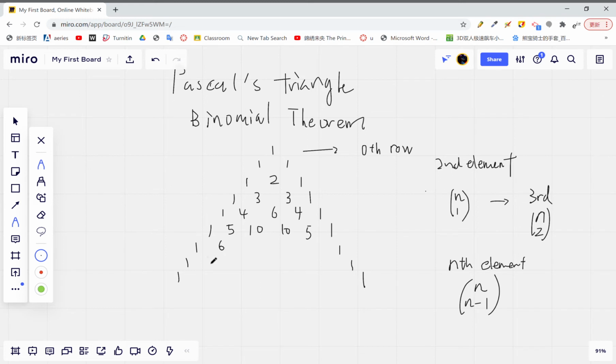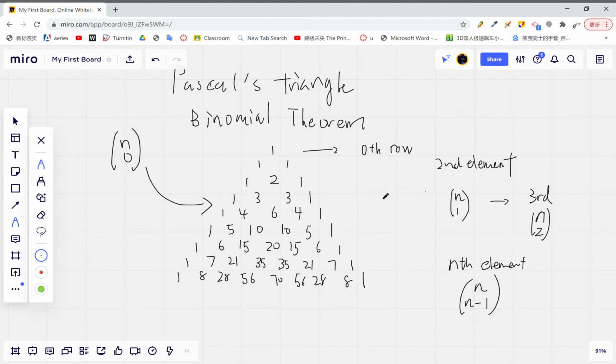Then 6, 15, 20, 15, 6, and 7, 21, 35, 35, 21, 7. Then 8, 28, 56, 70, 56, 28, 8.